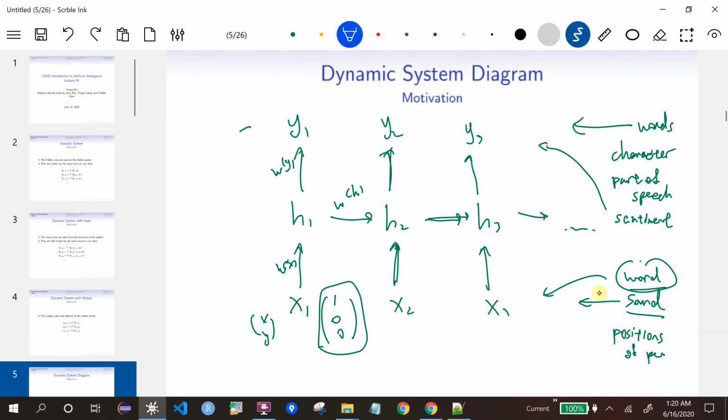Then what we can have, for example, is these X's are the words in a sentence, and these Y's are the next word in a sentence. So for example, X1, X2, X3 are I am Groot. We can train a network that put this M here and Groot here, and so on.